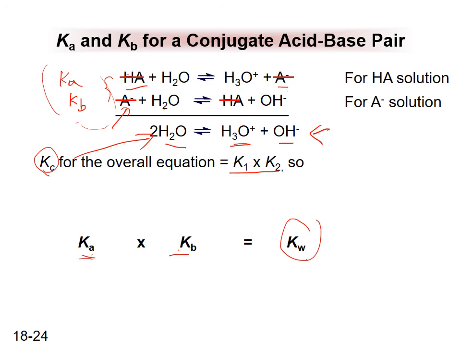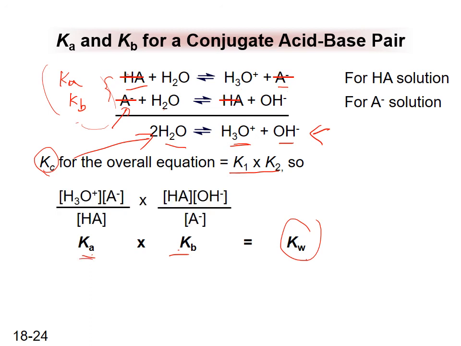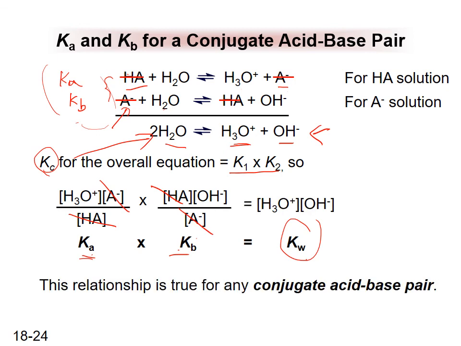Now we can also prove this by writing what is Ka, what is Kb, and you can see HA cancels, A cancels, and what you have is just the product of hydronium ion and hydroxide ion, and that is just the Kw. And so we have an important equation: the weak acid ionization constant multiplied by the conjugate base ionization constant equals Kw. This relation is true for any conjugate acid-base pair. So if we know one of them, we can calculate the other one.